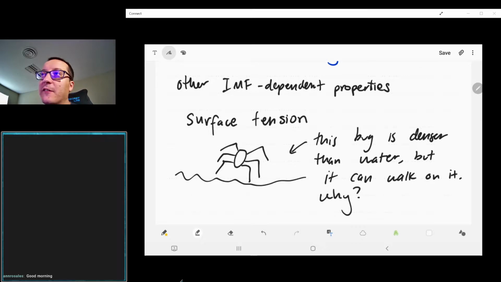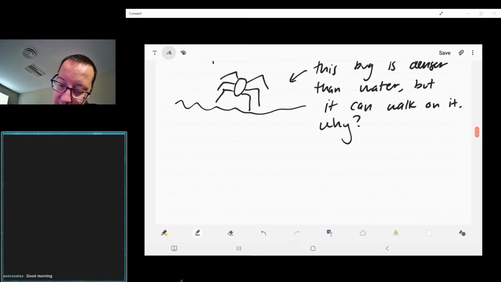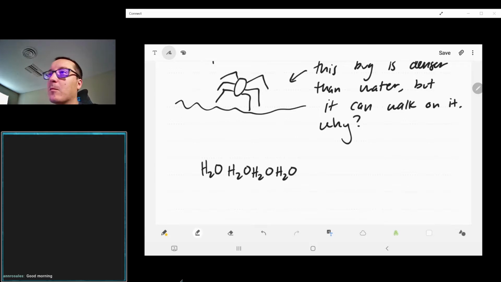If that bug were to go through the water, let's take a look at what it looks like on the surface. So if you have all these water molecules at the surface, just a bunch of water molecules, and if you imagine that bug's leg coming in here, here's the leg.